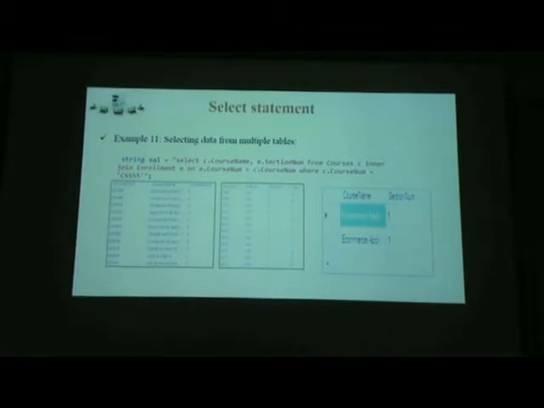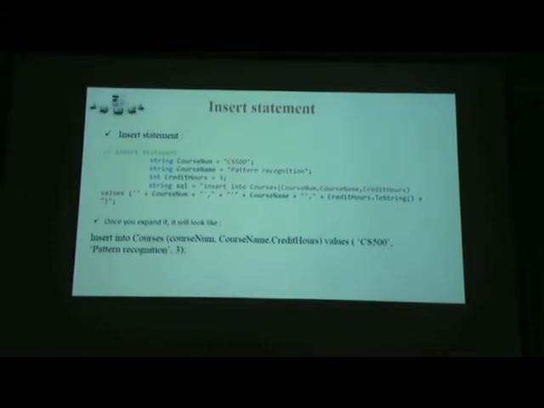But this, of course, cannot fit in the slide. For the insert statement, sometimes you have the data you want to insert in your code as variables. So how can you write the code, in this case, for an insert statement? For example, we have course num CS500, course name pattern recognition, and credit hours 3, and I want to write an insert statement.